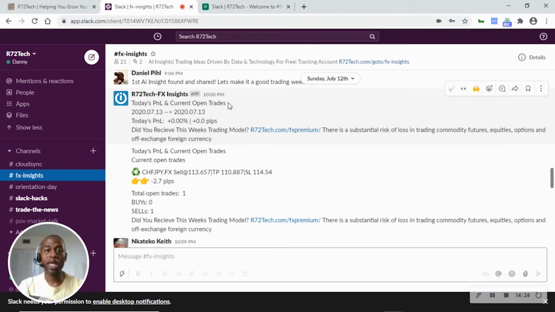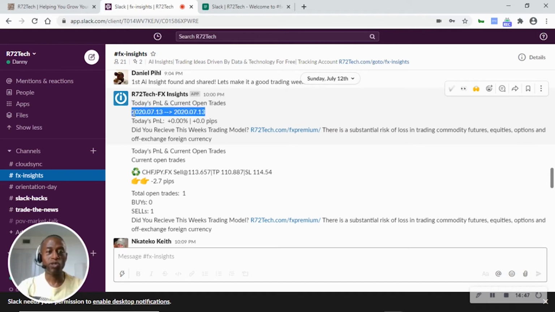So the first update is 8 o'clock in the morning. You're going to get open trades, and you're going to get the P&L update. You get it at 1 o'clock in the afternoon. You get it at 5 o'clock at night, and then you're going to get another one at 10 p.m. So this is the 10 p.m. one. It's real simple to read this. It's going to say today's P&L and current open trades. It's going to have the date.